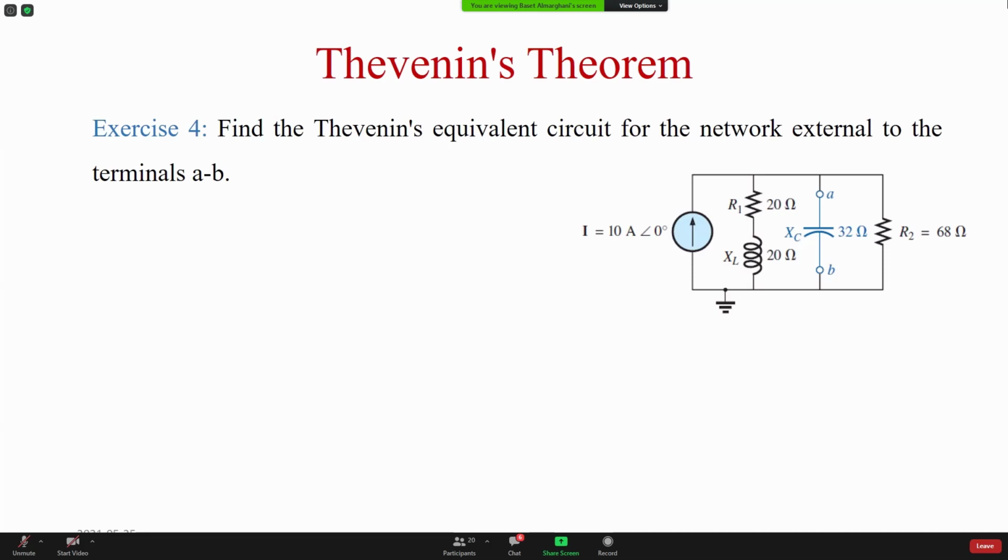We only have one current source here, so you're going to replace it with an open circuit. Try it, please.